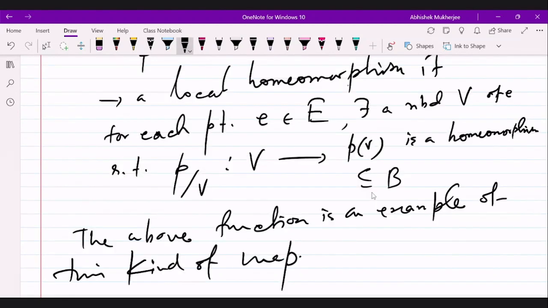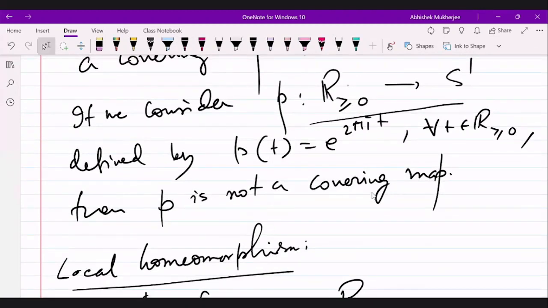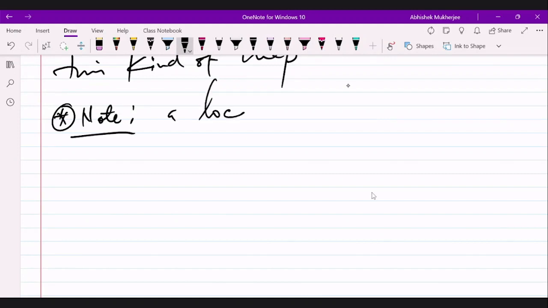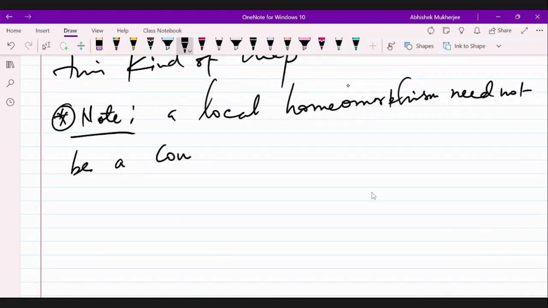And you have seen that it is not a covering map, so a local homeomorphism need not be a covering map in general.